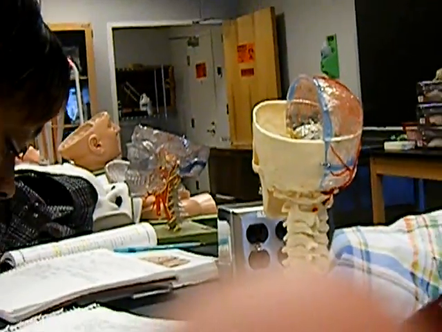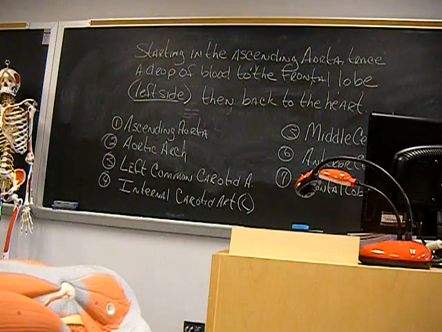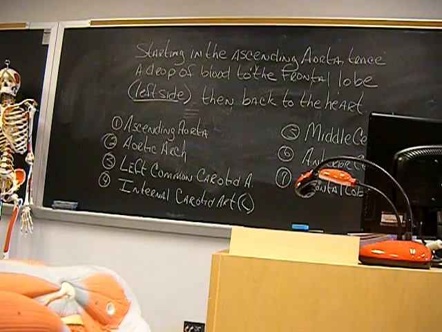Okay, so when I look at this model, my frontal lobe is going to take me by way of my superior sagittal sinus. This right here is the superior sagittal sinus. That makes sense, right? Because the frontal lobe sits here.